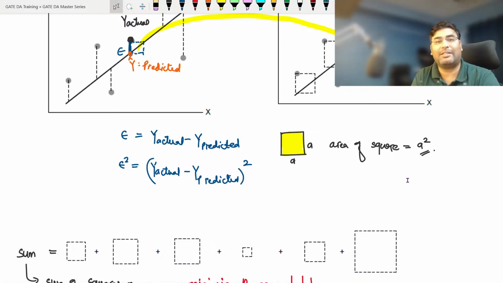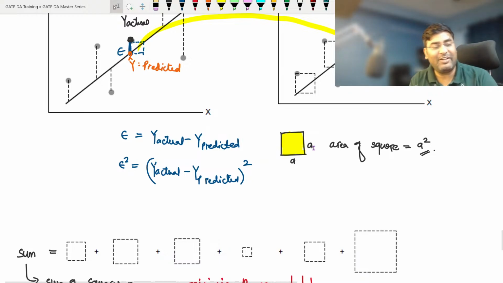You cannot deploy the maximum minimum concept, and minimizing the error will be a tussle there. It's very tough. Then you have to try n number of combinations of all the lines, take the modulus distance of the errors, sum it up and find the minimum error. Here, you don't need to try all combinations. You just take a mathematical formulation, which I'll do in some time, and get to the coefficients, beta naught and beta 1. Make sense?